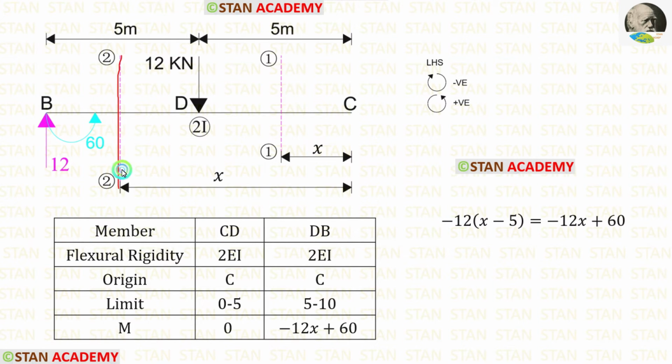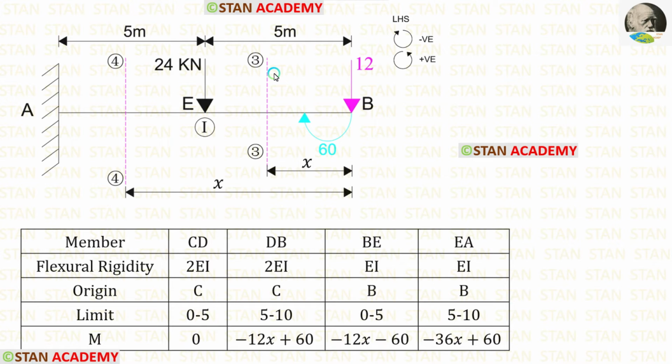Up to the section, we have only one load, that is the point load 12 kN. This load is acting in the clockwise direction, so it will be negative. For the distance, we have to take this distance. This distance is x minus 5. Let us multiply minus 12 with x minus 5. When we do that, we are getting minus 12x plus 60.